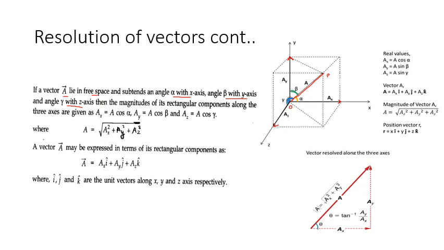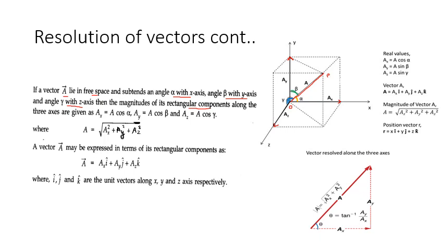And then the magnitudes of its rectangular components. What is a rectangular component? As I told you in the previous slide, the components which are perpendicular to each other are called rectangular components. So what is resolution? Splitting of a vector into more vectors. Hope you understood this.